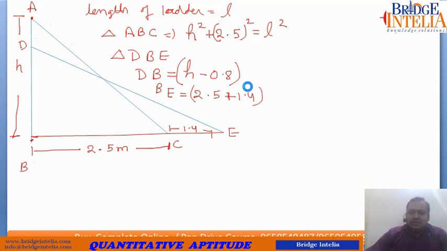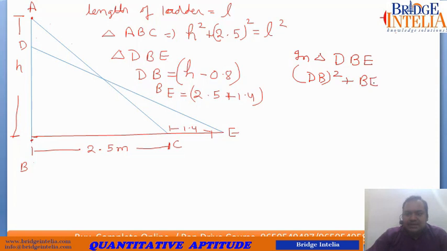In triangle DBE, DB square plus BE square is again equal to L square, because the length of the ladder hasn't changed.